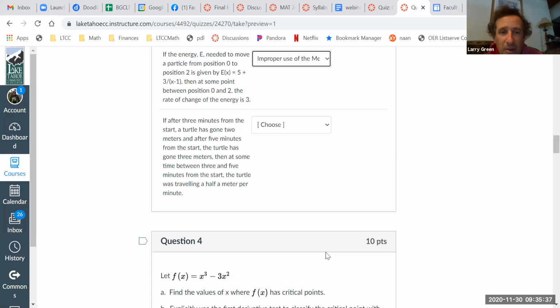That's a proper use of mean value theorem, because if we take f of b minus f of a over b minus a, you get 3 minus 2 over 5 minus 3, and guess what? That's a half.